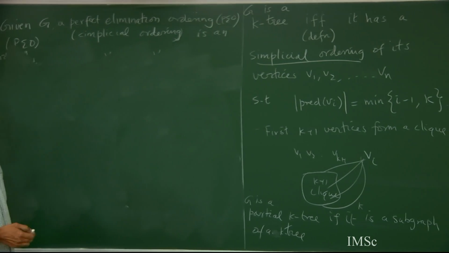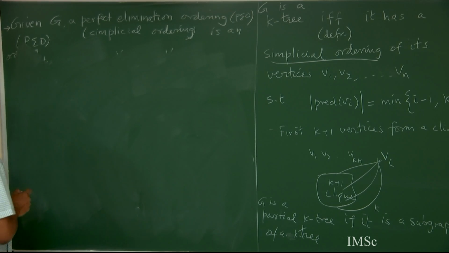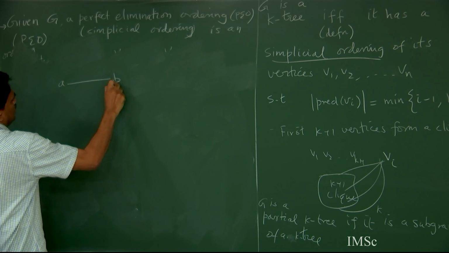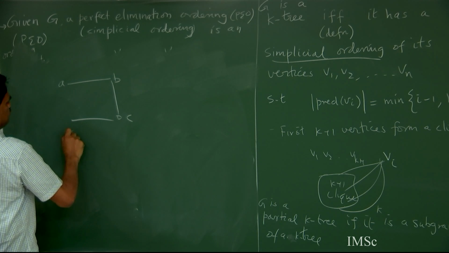So, is it easy to see that that is chordal? Let us say I have a cycle of length 4.